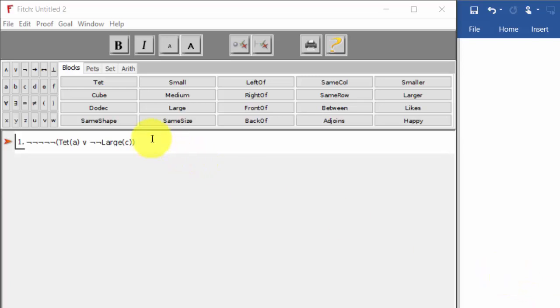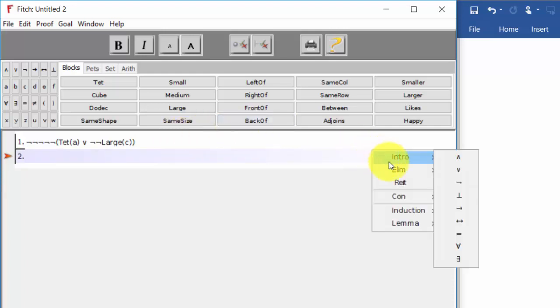So looking at this example, we have one premise, and it's a fairly strange premise because it says it's not the case that it's not the case that it's not the case that it's not the case that it's not the case that either A is a tetrahedron, or it's not the case that it's not the case that C is large. So even though it's a strange premise, we're still going to be able to apply negation elimination to it.